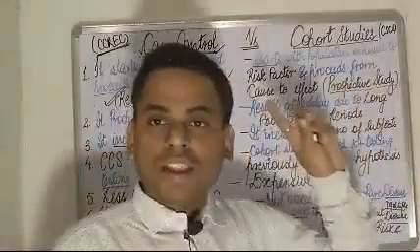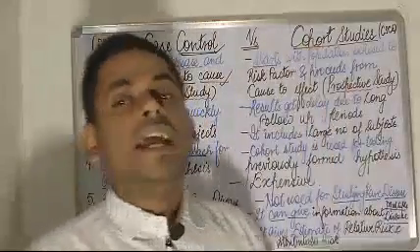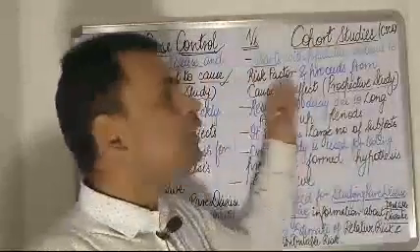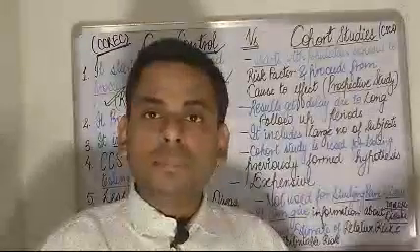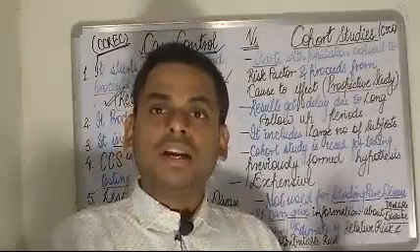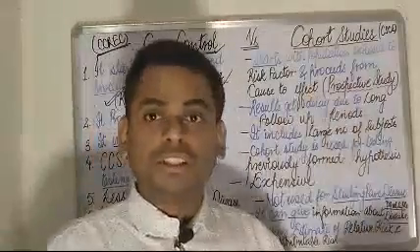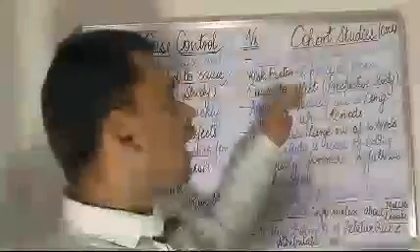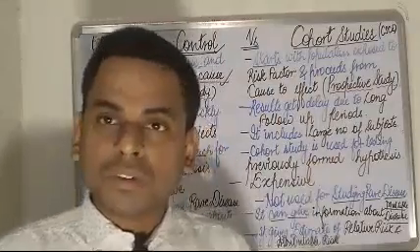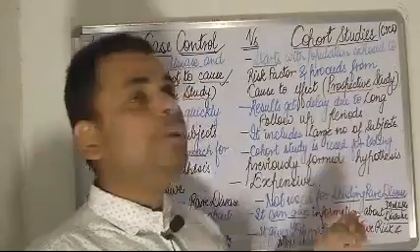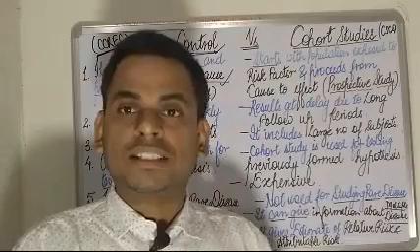In case control it was effect to cause, whereas in the cohort study it is from cause to effect. Firstly, we define a particular population, expose it to a particular risk factor, and then see the outcome of that exposure.